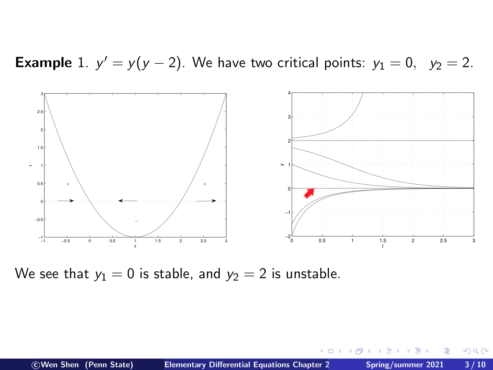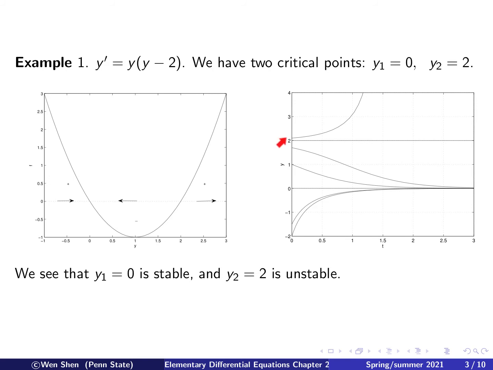If you perturb yourself a little bit from these equilibrium states, and then the state will return to the equilibrium state, we call that stable. So y equals 0 is a stable equilibrium or a stable critical point.